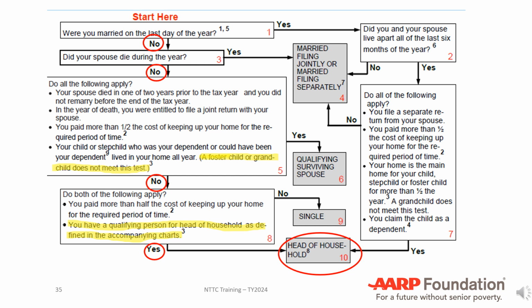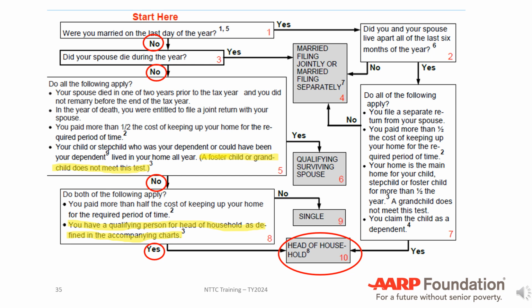The first 3 bullets do apply, but the last one, your child or stepchild who was your dependent or could have been your dependent lived in your home all year. And then look in the parentheses, it says a foster child or grandchild does not meet the test. So you have to answer no, because all 4 of those bullets did not apply.